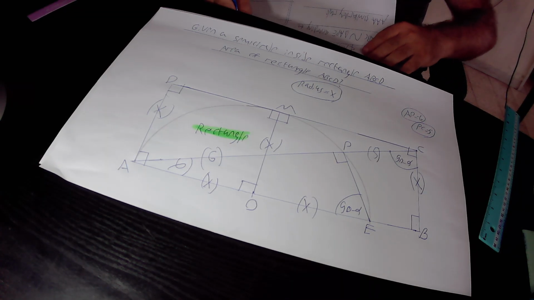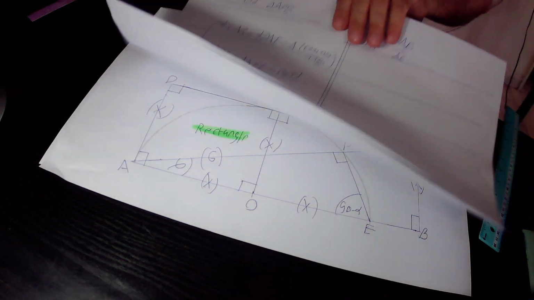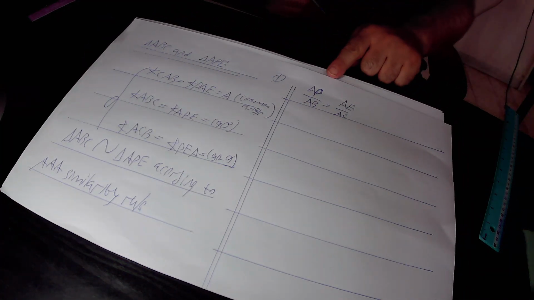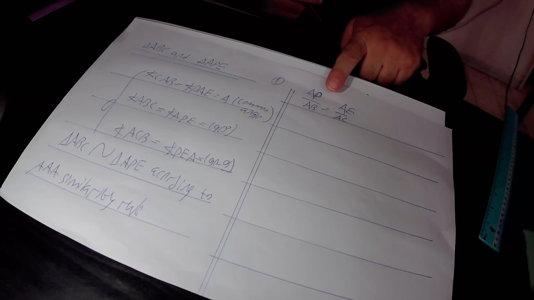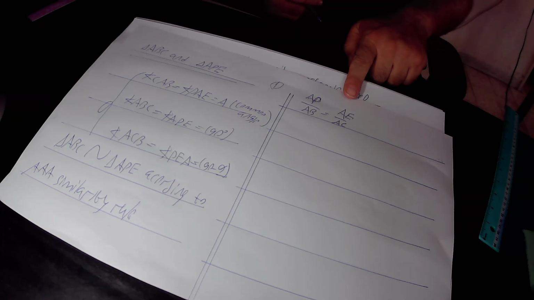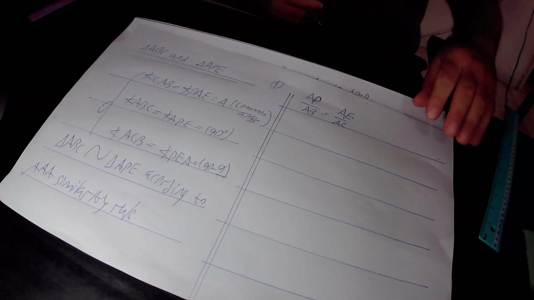So repeat again. We will derive that side AP of the right small triangle APE over side AB of the right big triangle ABC equals side AE of the right small triangle APE over side AC of the right big triangle ABC.